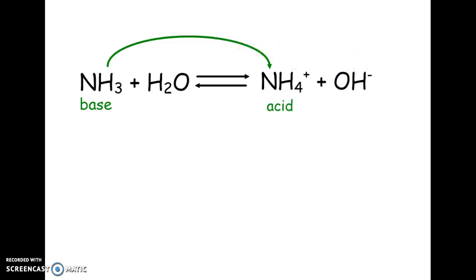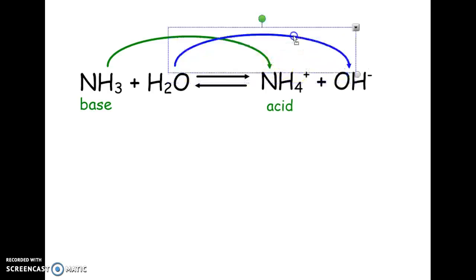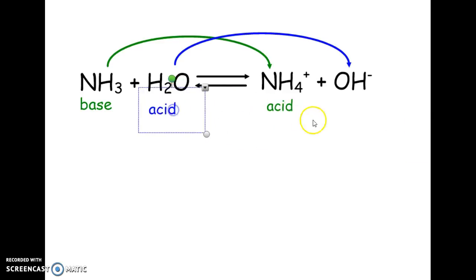The other conjugate pair is H2O and OH-. So H2O is becoming OH-. In order for H2O to turn into OH-, H2O must donate an H+ ion, which means H2O is acting as my acid.